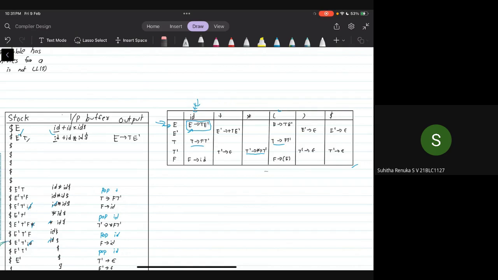Now check for T and ID. T goes to F T dash. So now you'll replace T by F T dash, but you'll write in the opposite manner. So here, after E dash, you'll write T dash F.